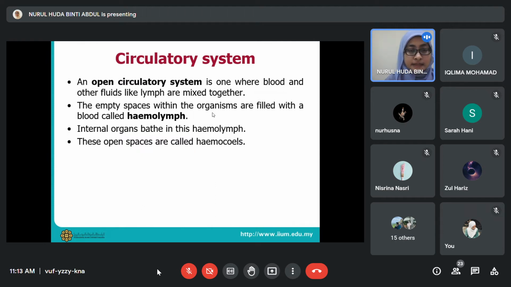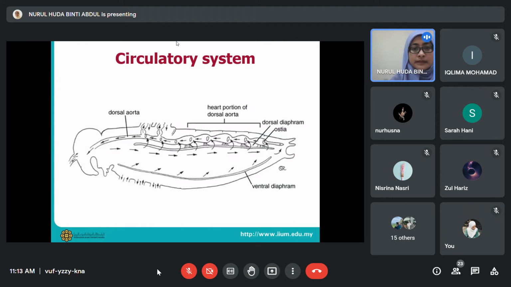This open space we call the hemocoel. This is the picture. Here the part with the arrows is the aorta. There are parts inside what we call a vessel, as I said earlier, but other parts are open throughout the insect's body. So the system is everything you see with the arrows.